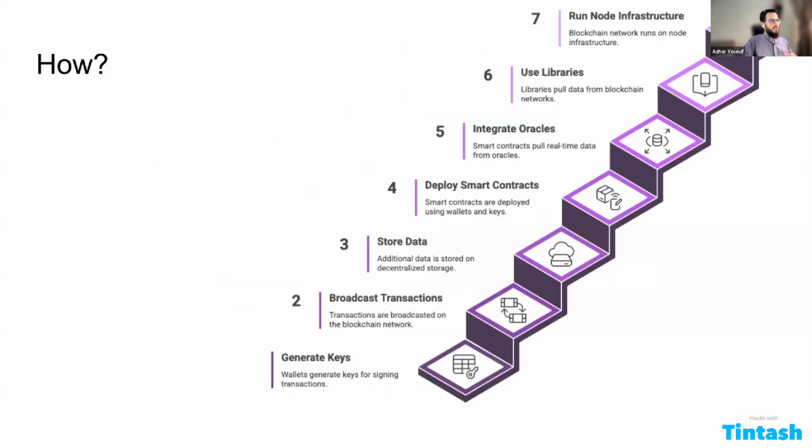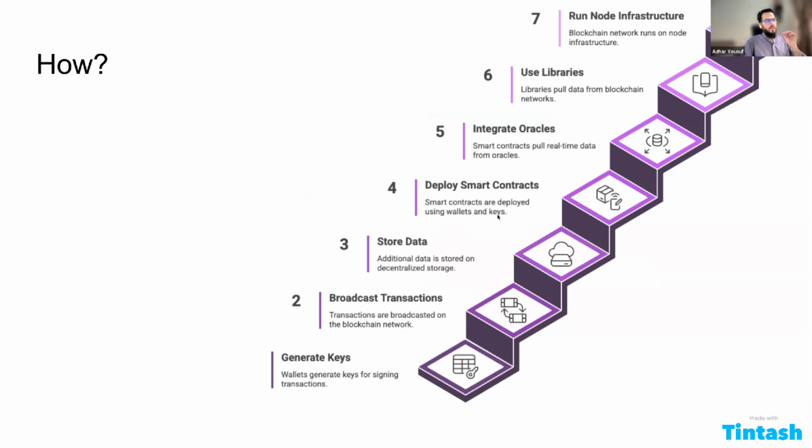And yeah, so if I just take a step-by-step approach, at the very beginning, you generate keys, you make sure that there are some keys to begin with to sign the transactions. And the very next step is to just broadcast those transactions to the blockchain network. And when that happens, some data gets stored on the decentralized storages, some on the blockchains.